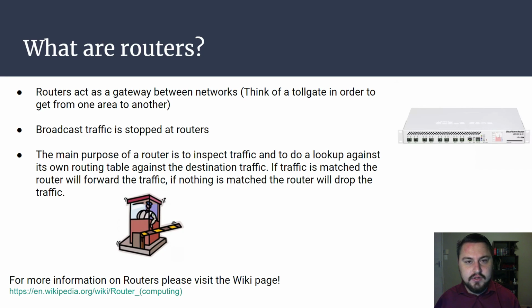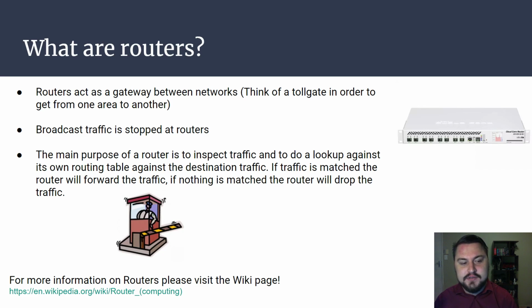If your computer at your LAN range sends out a broadcast message, your router's job is to stop it at the router. It won't push it to the internet, because then suddenly everybody is getting each other's ARP traffic, and that is an insane amount of traffic. Think about billions of machines suddenly saying, hello, here I am, this is my IP, this is my MAC address. It would be overwhelming for the internet. That's why routers also block that broadcast traffic. It stops it there.